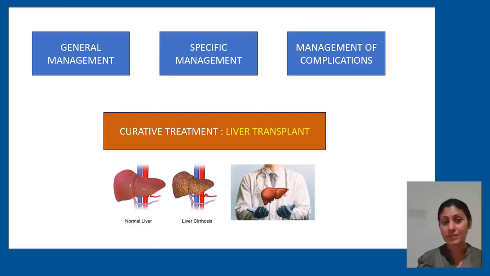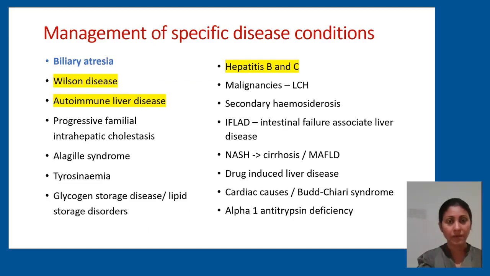Ultimately, most of these disorders would require liver transplantation unless they are cured at a very early stage. So when I talk about management of specific diseases, we all would be very keen to manage the disease and prevent it going into liver transplantation.